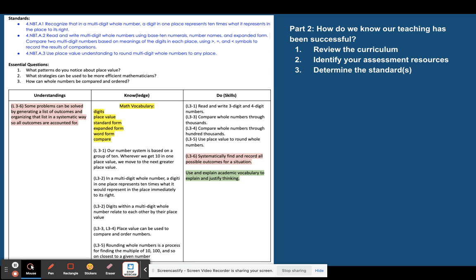I also have the MAP scores from the assessment my students took at the beginning of the year, and I know that I can look up and see from our state testing how these kind of standards are assessed at the state level. Katie has already done a great job outlining for me what our standards are, and she took the curriculum and unpacked it into the essential questions, understandings, knowledge, and skills.